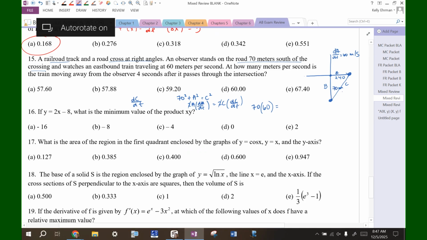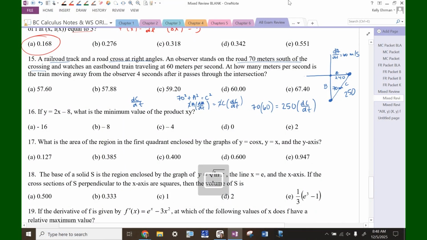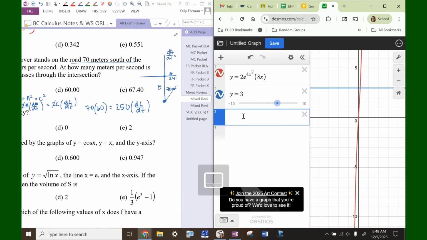That's a right triangle, isn't it? So this is 250. If you're not sure, you could check your math. I'm mostly sure. And dc dt is going to be, as a decimal, whatever this comes out to. 70 times 60 divided by 250. 16.8. Oh, and that's not the final question, is it?